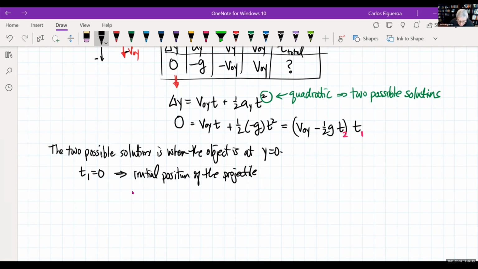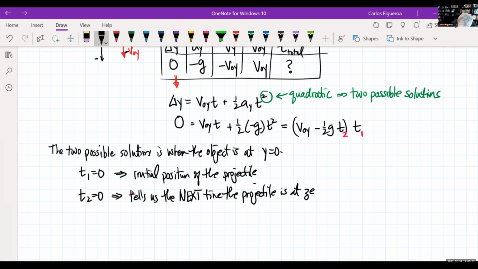So then T2, what this does here is it tells us the next time the projectile is at 0. So the only way we can do that is that we have to take the parentheses term and solve that for T2.